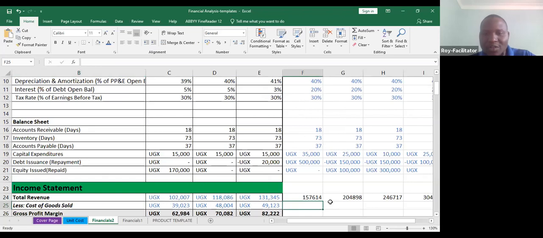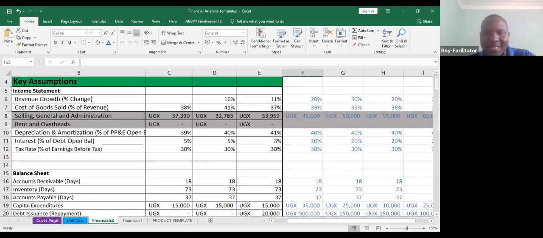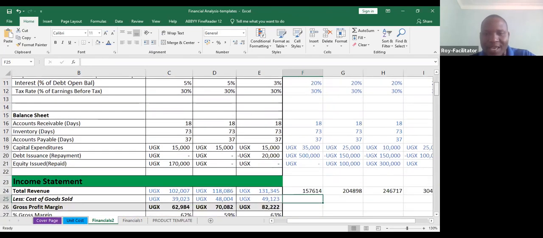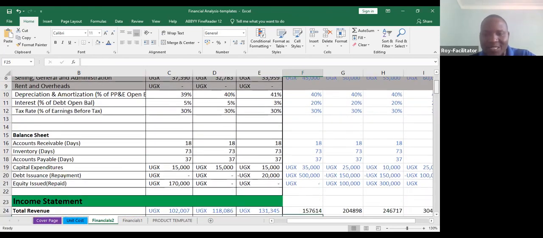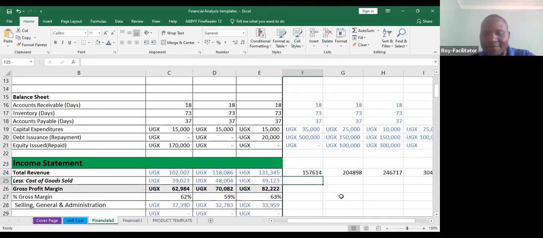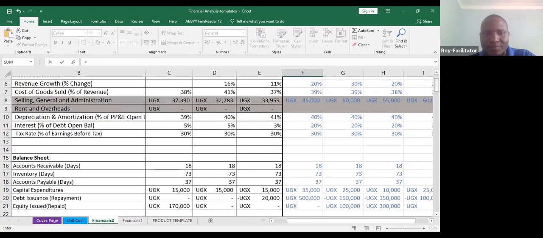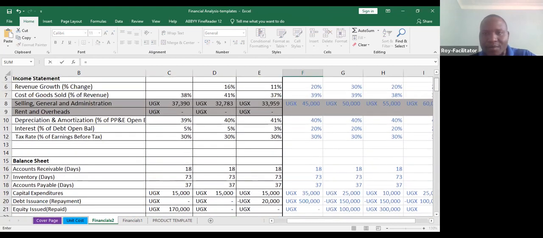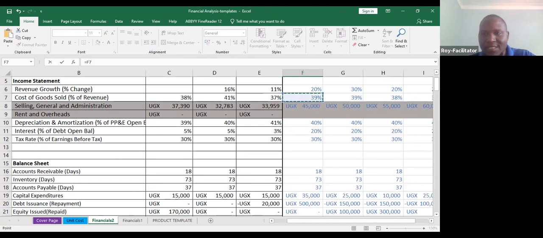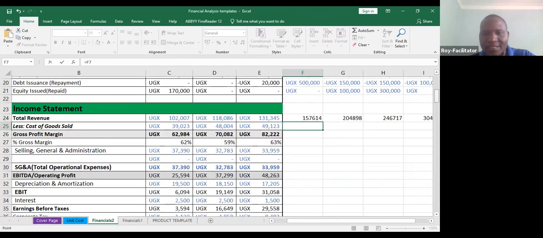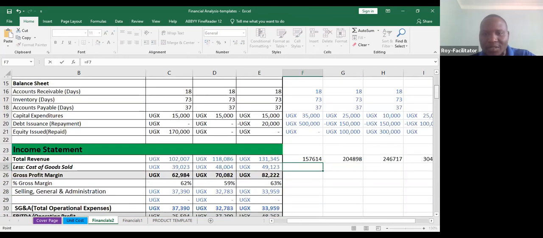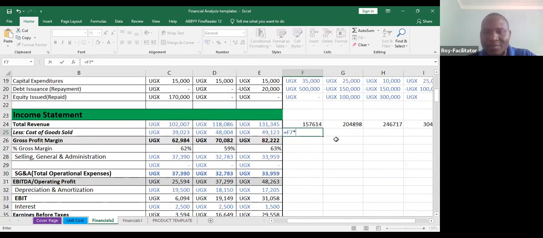For cost of goods sold, as you can see on the assumptions up here, we said cost of goods sold will be 39% of the revenue. It's a percentage of revenue. So I'll just check, this is equals to this times the revenue.